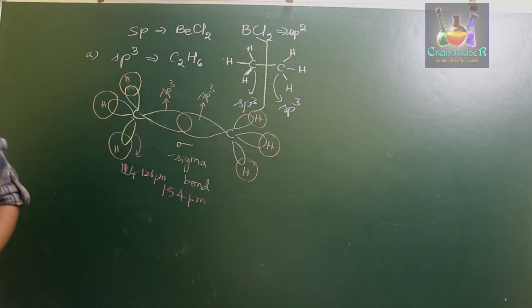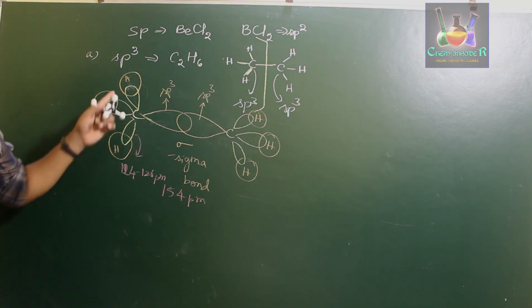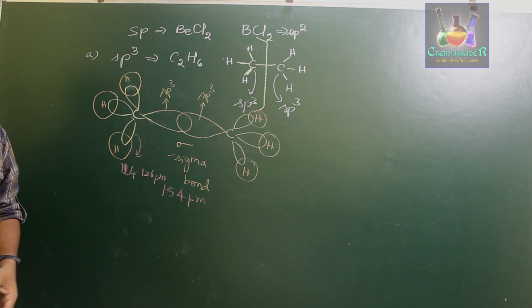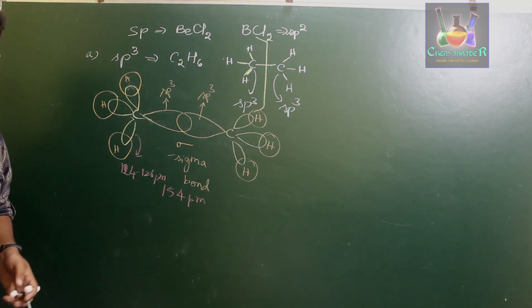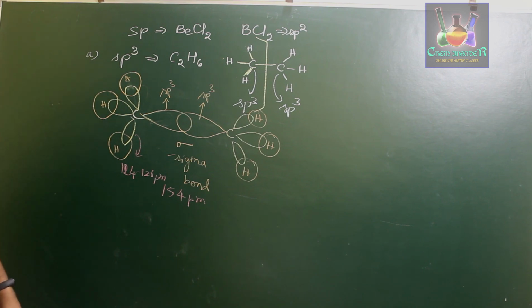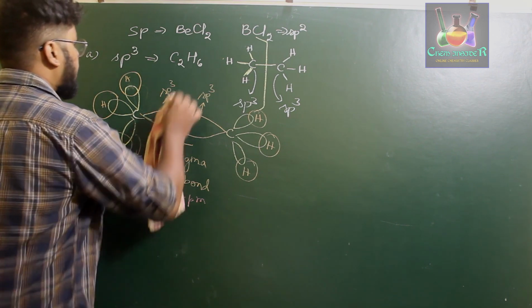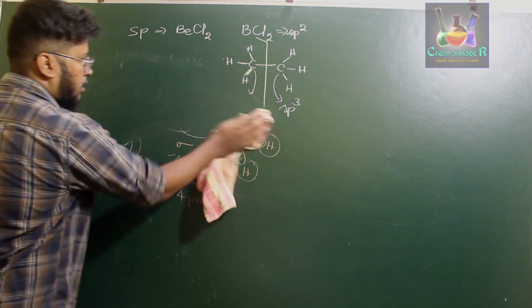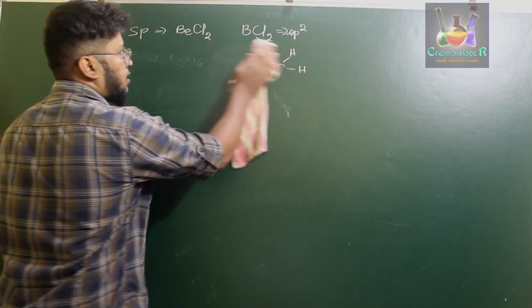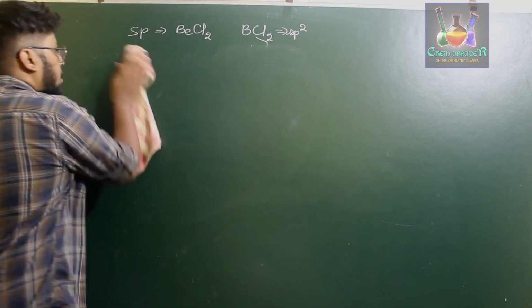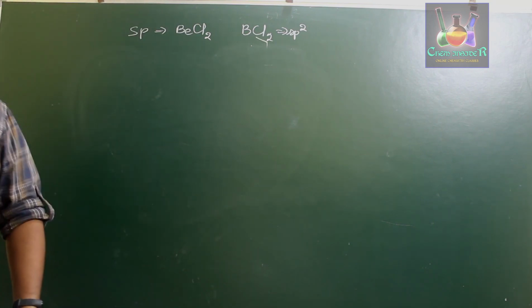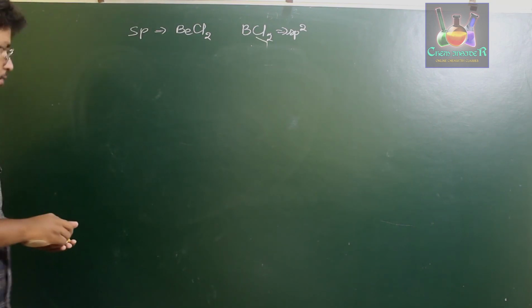Now let us consider an example. Over here, the 4 sp3 electrons are present for the sp3 hybridization. Now let us consider an example where we come across carbon undergoing sp2 hybridization. As we all know, carbon usually undergoes sp3 hybridization, right? In some cases, carbon may also undergo sp2 hybridization.